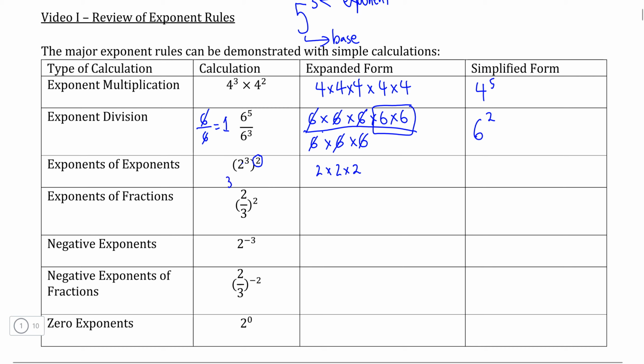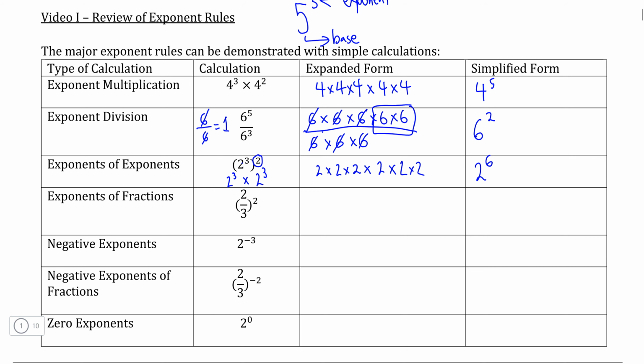Because 2 to the exponent 3 is in the brackets, and the exponent that we're raising it to is 2, that tells us that we're doing 2 to the exponent 3 multiplied by itself twice. So we would have 2 times 2 times 2 times 2 times 2 times 2. Here we can simplify this to 2 to the exponent 6 because we are multiplying 2 by itself 6 times.